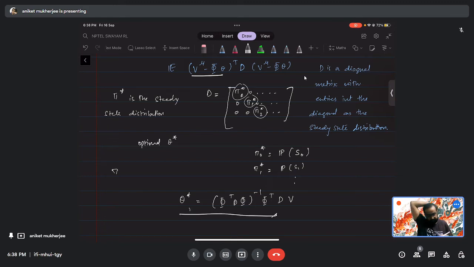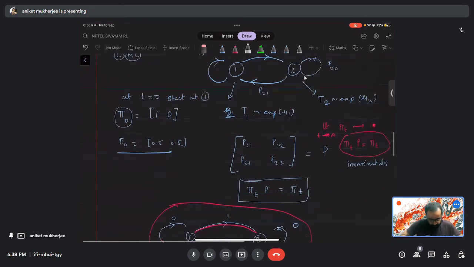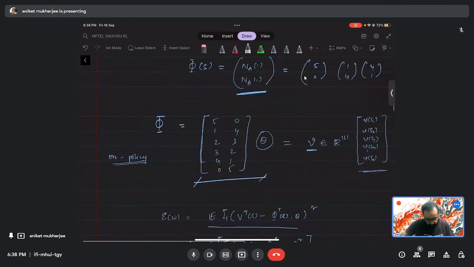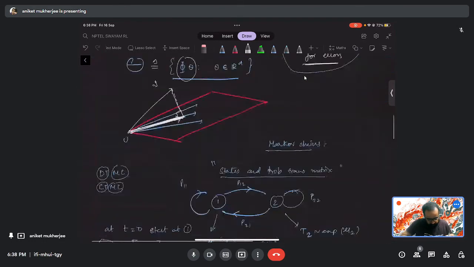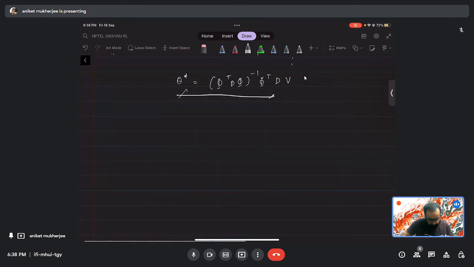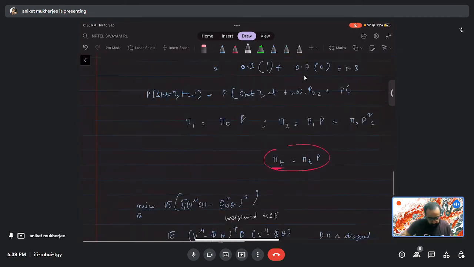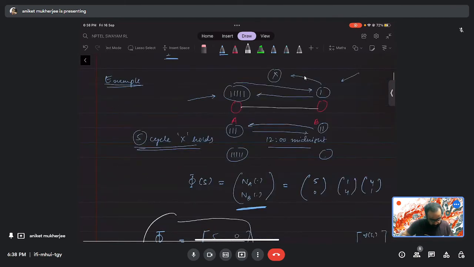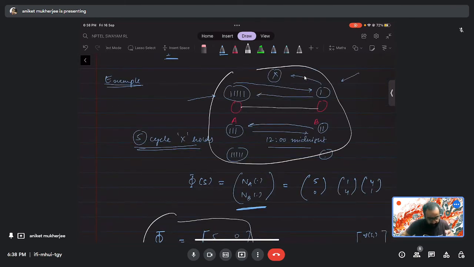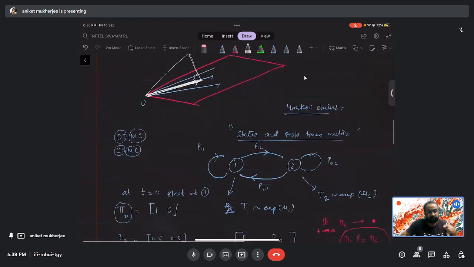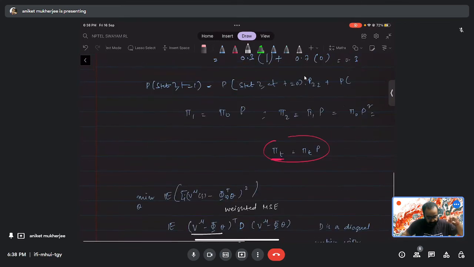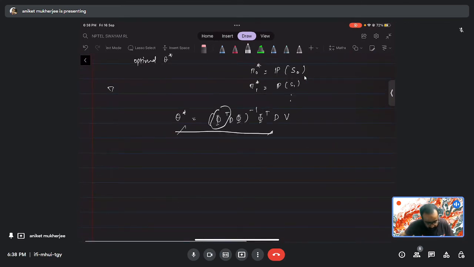So now for this problem which you are trying to do, the feature vector you know. If you can model this system as an MDP and calculate the stationary distribution, so you have to model it as an MDP such that its steady state distribution exists, then you can write D as a diagonal matrix.